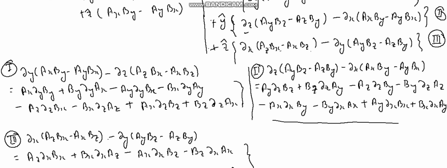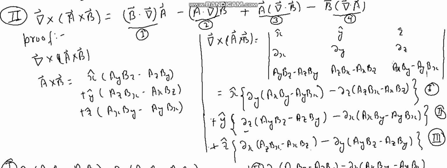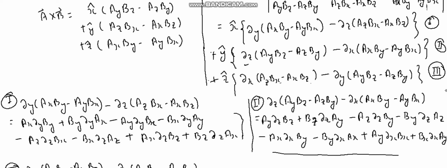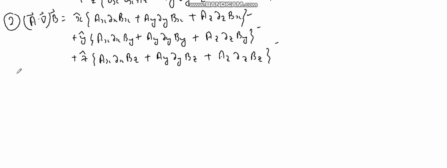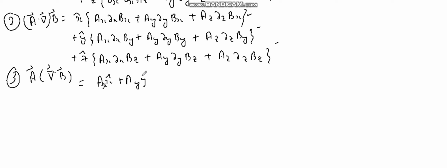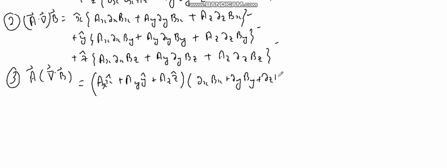Now we take the third term, which is a times del dot b. So del dot b is gonna be del x bx plus del y by plus del z bz, and a is ax x cap plus ay y cap plus az z cap.